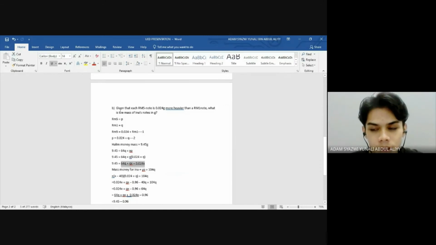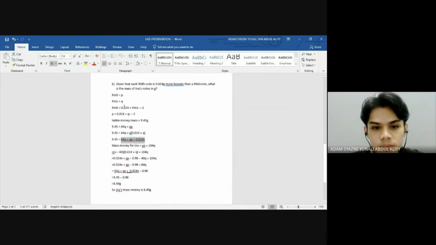So we're going to use the simultaneous equation here. First, we will denote RM5 as P and RM1 as Q. We're going to create an equation with P equals Q plus 0.024, so RM5 equals 0.024 plus RM1.